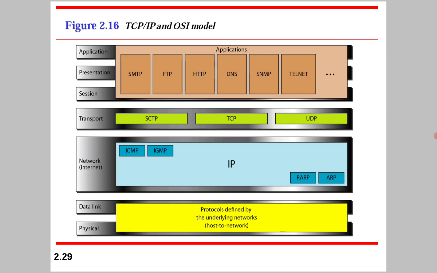HTTP is also one of the protocols, called Hypertext Transfer Protocol, generally used to transmit hypertext messages like images, pictures, like that. FTP is another protocol, File Transfer Protocol, to transfer files from one host or computer to another directly.